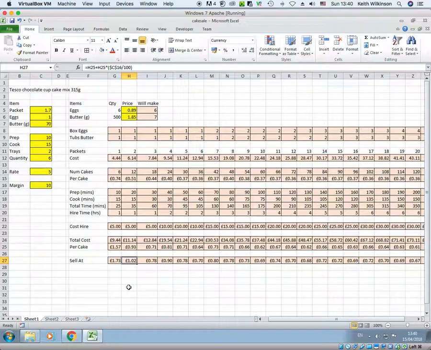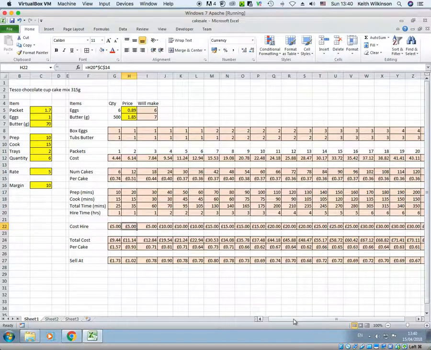That means, at £1 and 2p, if they were willing to pay £1 and 2p, and I was willing to accept just a 10% profit margin, I only need 2 packets of cake mixture, and knowing that I'm also going to be wasting some butter and some eggs, I'm only going to be paying £5 for cooking.